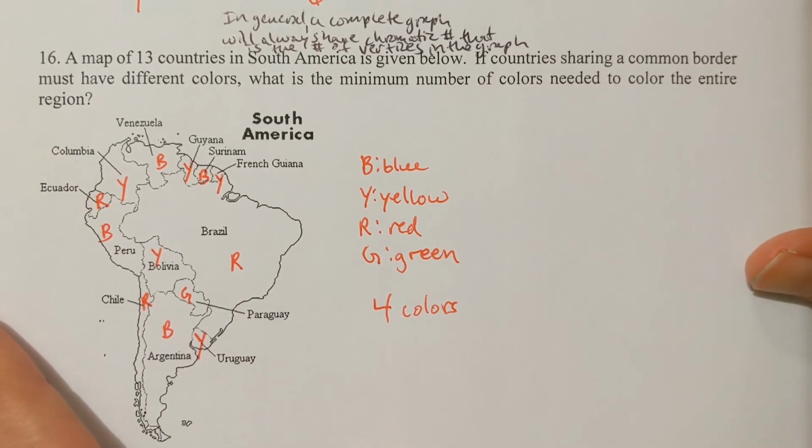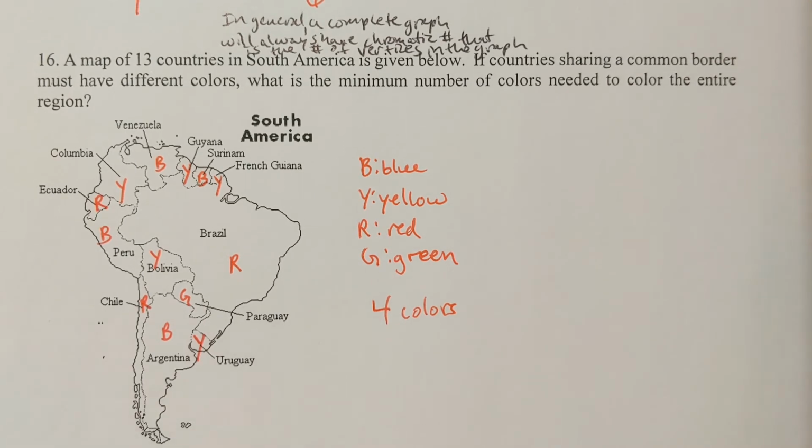Problem 16 is another problem that we've already seen before, but fitting for this section. A map of 13 countries in South America is given below. If countries sharing a common border must have different colors, what is the minimum number of colors needed to color the entire region?